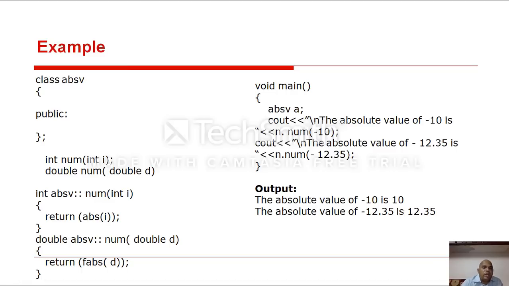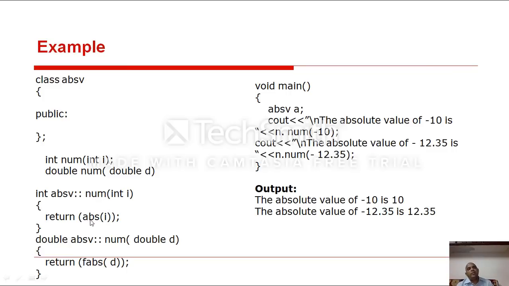These two are the same names. So integer num, integer num, these two are the member functions of this class. The first one num is an integer, then a double num double d. Clear?